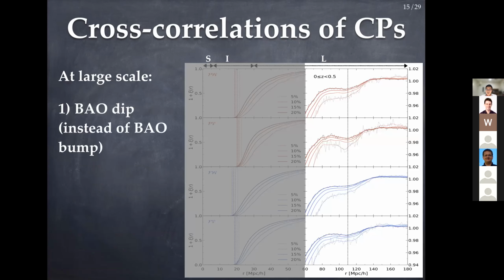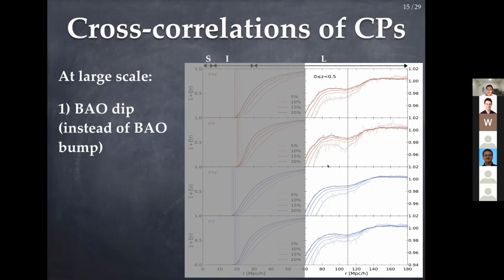And what is interesting here is that the BAO feature is now represented in a different shape. So in autocorrelation functions, we usually had bumps, but in this case, it is now represented as a dip.